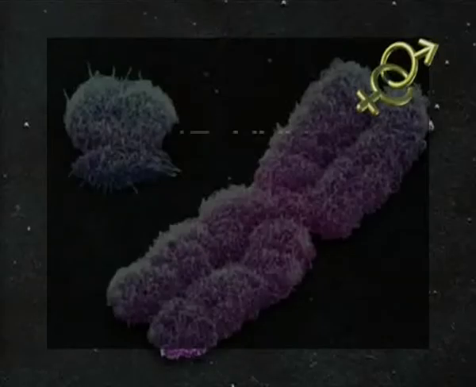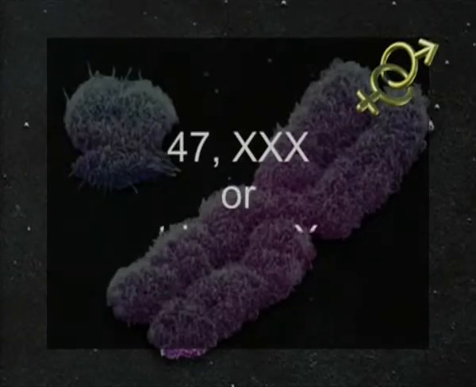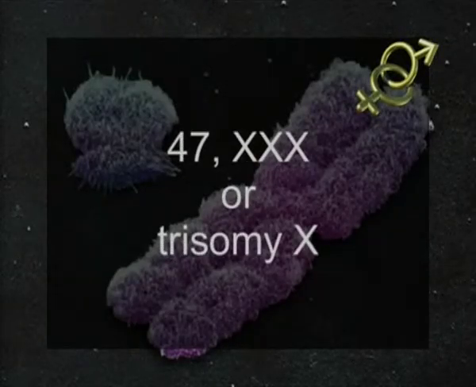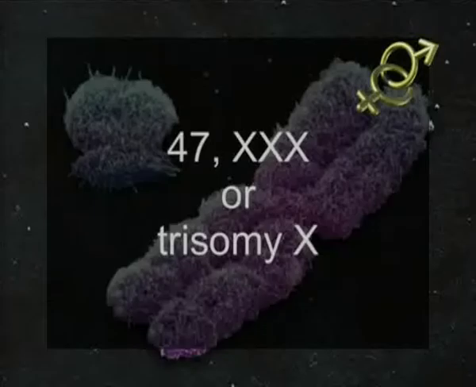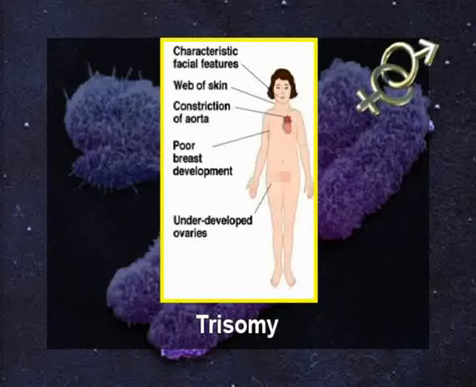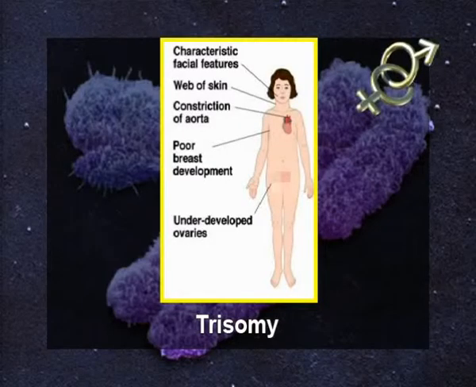Triple X syndrome, also called 47 XXX or trisomy X, is caused due to an extra copy of X chromosome in females. Females with trisomy have 3 X chromosomes for a total of 47 chromosomes per cell. Their stature on average is taller than normal females.